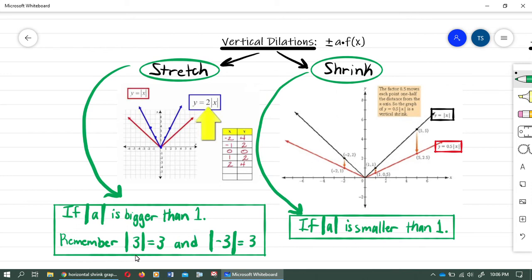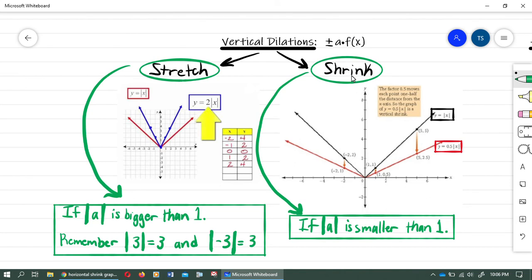Remember that the absolute value of 3 is 3, and the absolute value of negative 3 is also 3. So again, if the absolute value of that number is bigger than 1, then it's going to be a vertical stretch.